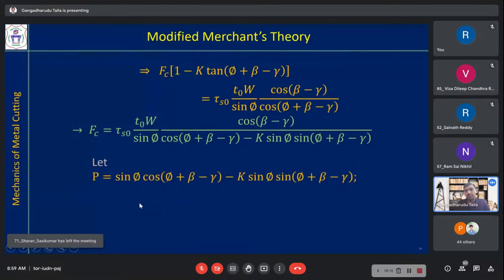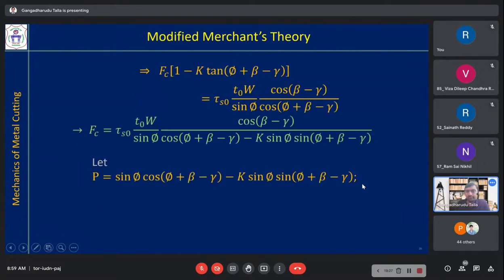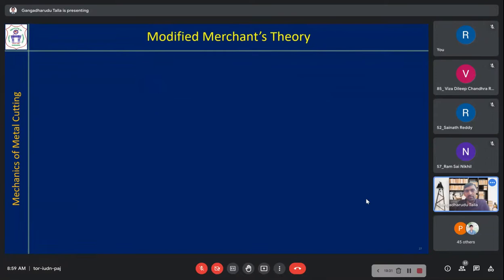We are optimizing this Fc, we have to minimize that. So if the derivative of the denominator is 0, then we can get the optimum value for Fc. So you take this and differentiate it.